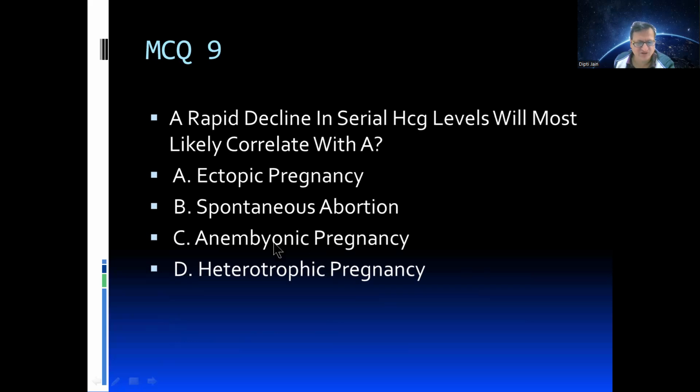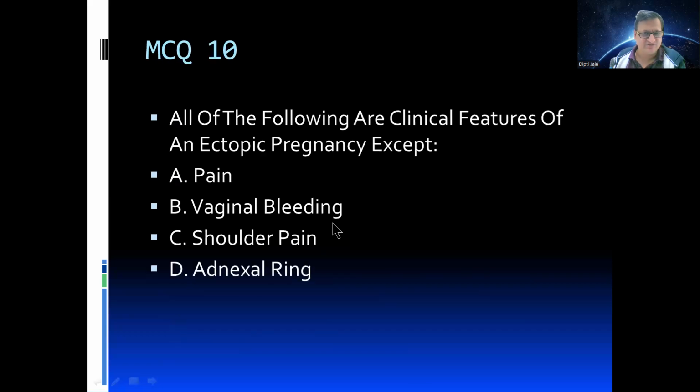In embryonic demise, a slightly low level of HCG will be there. In heterotopic pregnancy, the beta HCG will be normal. But in spontaneous abortion, there is a rapid decline in the serial HCG.